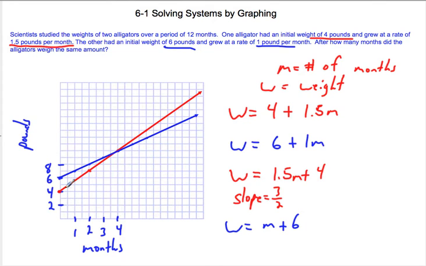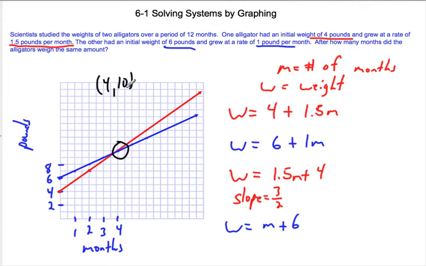So at the beginning, the blue alligator weighs more, and the red alligator weighs less. And then as time goes on, the red alligator is growing faster. And so at this point here that I circled, which is at 4 months and 10 pounds, so 4, 10, the alligators weigh the same amount.